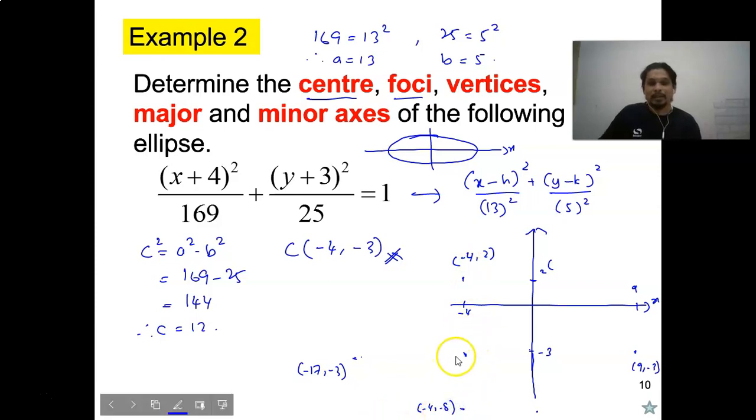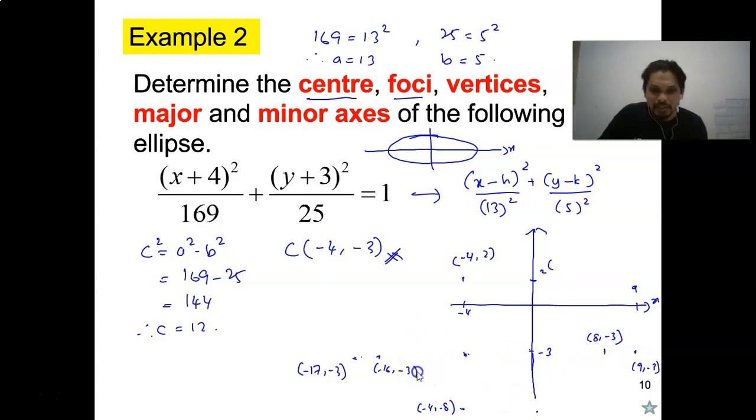Then from this center, we move 12 units: negative 4 minus 12 is negative 16, and the y is negative 3. From negative 4, 12 units to the right, negative 4 plus 12 is 8, and negative 3.